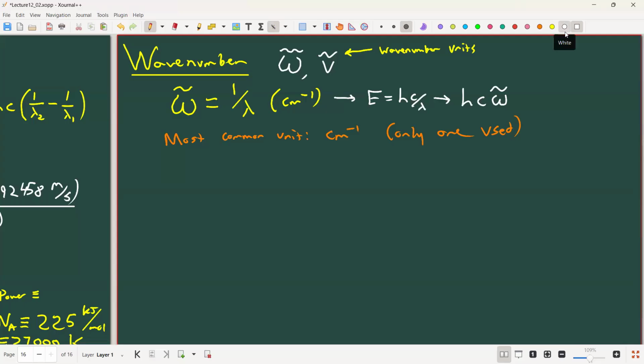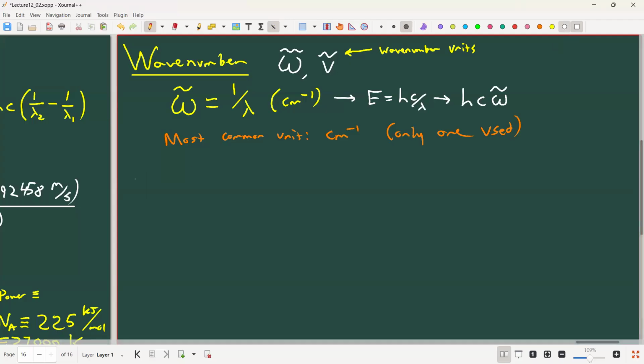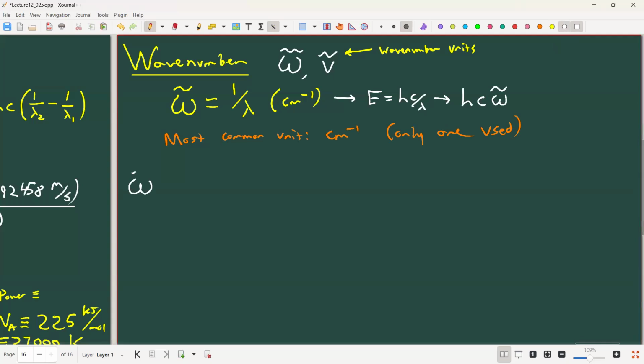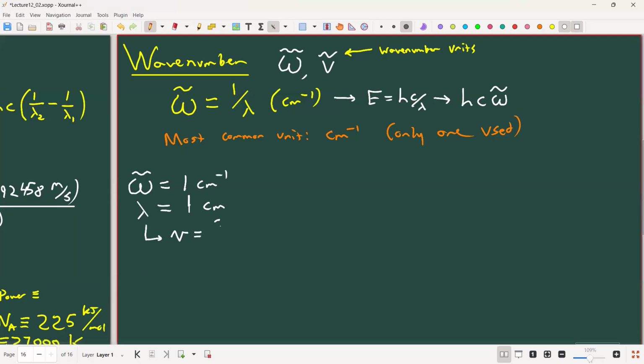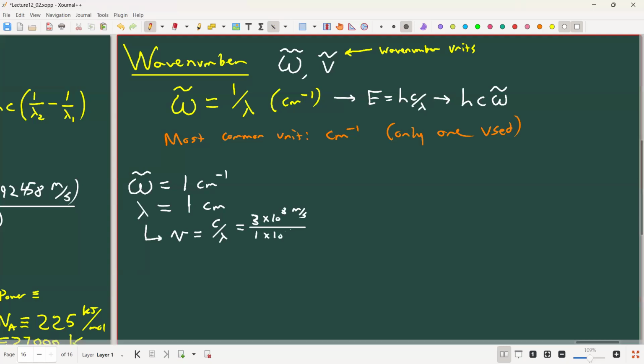All right, let's just look at some conversions really quickly. Let's imagine omega is 1 inverse centimeter. That means that the wavelength is 1 centimeter. That's an easy conversion. And remember that frequency is equal to c over lambda, which is roughly 3 times 10 to the 8 meters per second, divided by 1 times 10 to the minus 2 meters.